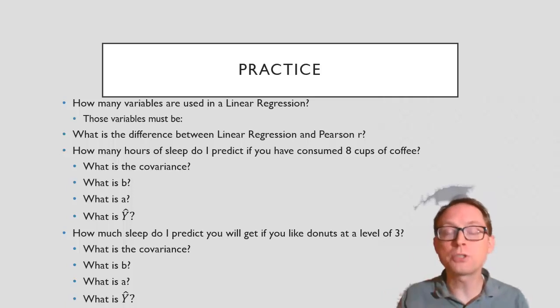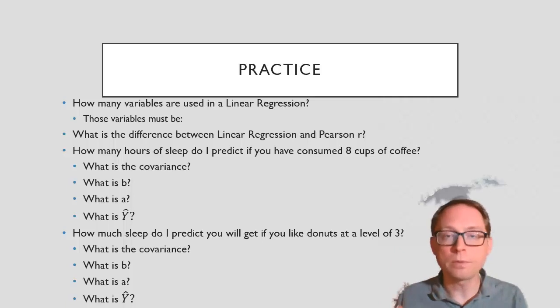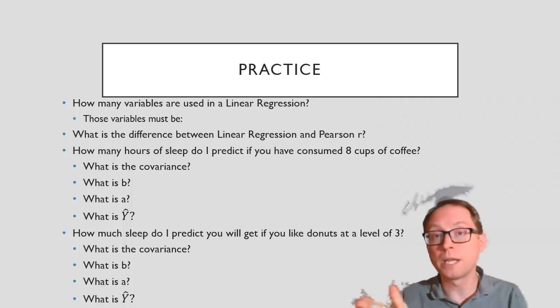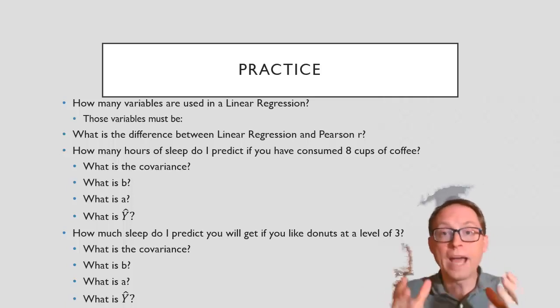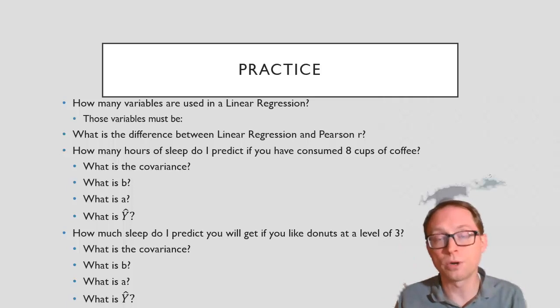Always. But in Pearson's R, it's what is the relationship between these two variables overall? Pearson's R can be anything from -1 to 1. That number represents the relationship between those variables in standardized units. Remember, we actually transformed them into z-scores, right? And we used that.